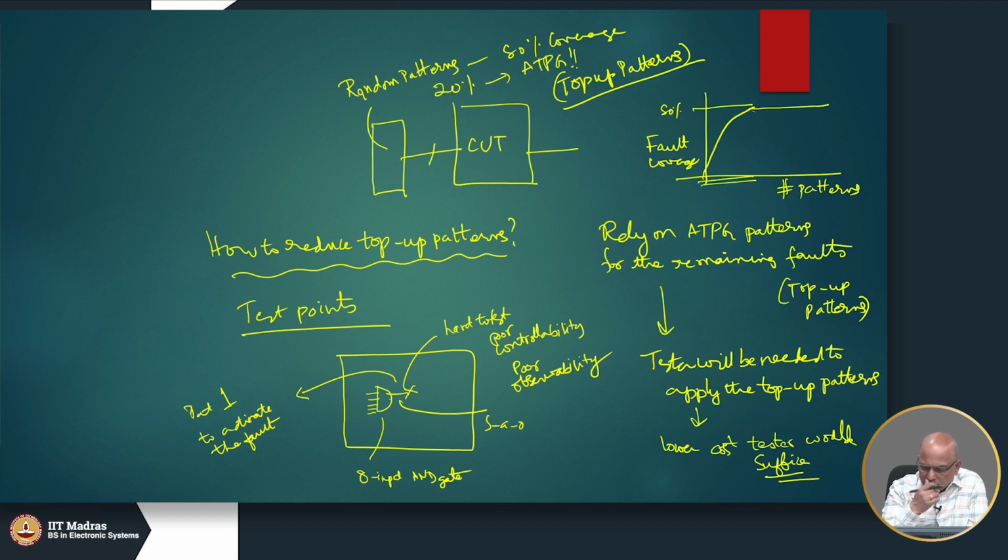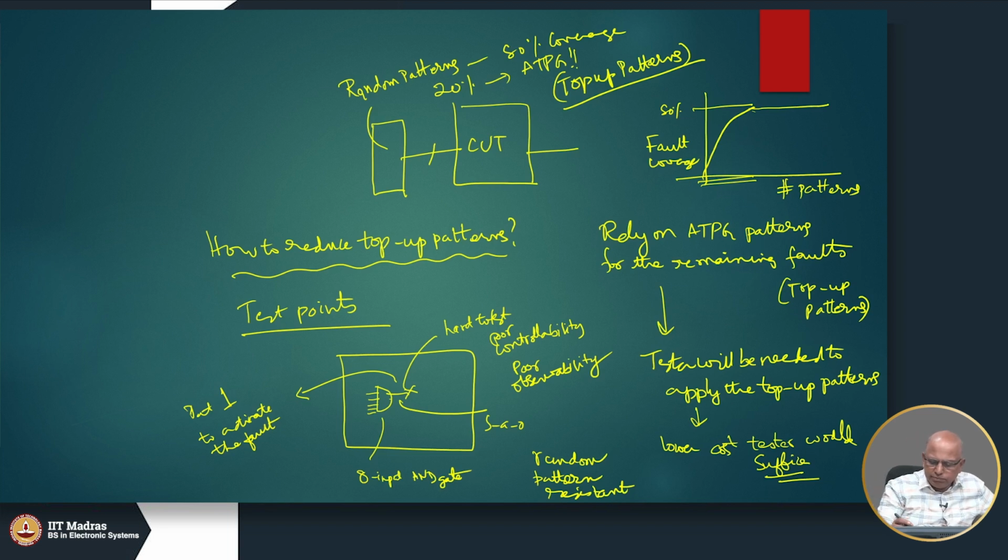So, that is the reason why this fault is random pattern resistant. It resists being detected by a random pattern. So, inserting some test points will help.